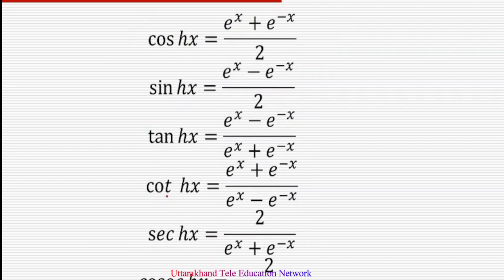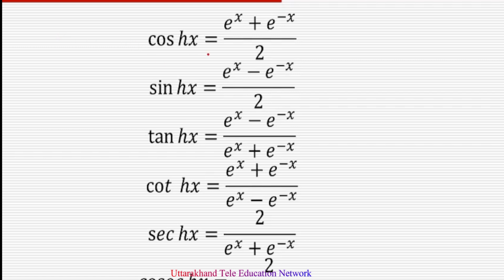Now in this analogy, we can define hyperbolic functions. This function is read as hyperbolic cos x. If x is a real number or complex number, then we define hyperbolic functions like this.